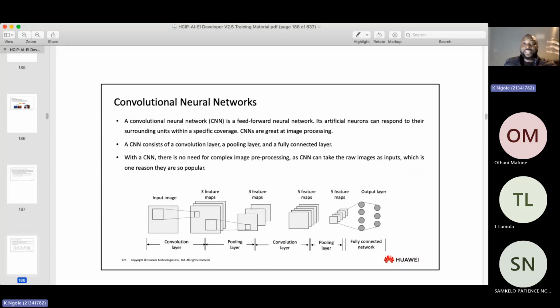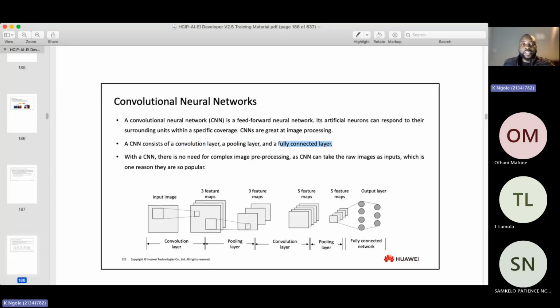Okay, so the CNN is great for image processing. It will consist of a convolutional layer. We're going to have a pooling layer and a fully connected layer. So we don't just look at the fully connected layer, but we're going to have a convolutional layer where we're going to have a convolutional kernel. We're going to have a pooling layer and a fully connected layer.